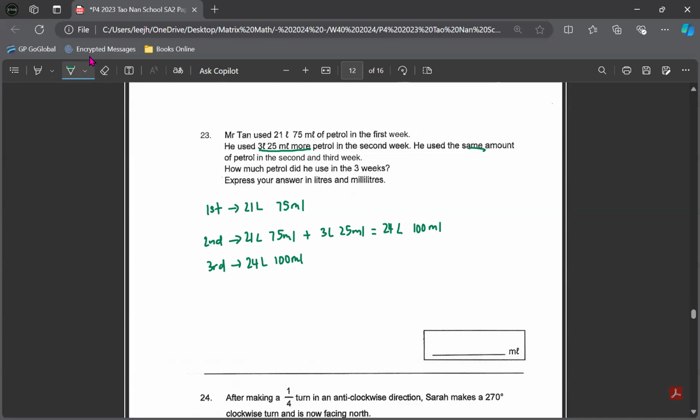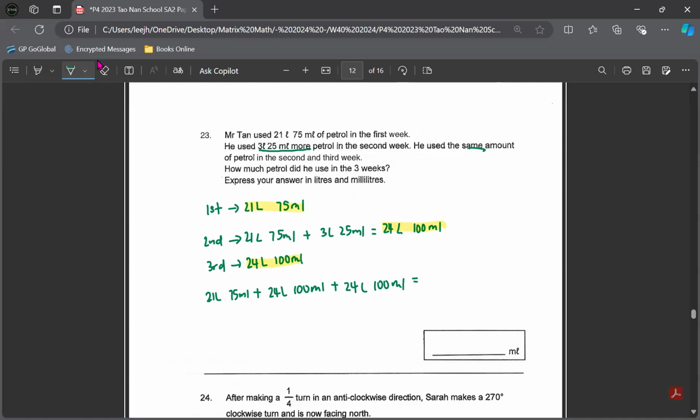How to find the total? Look at your values carefully. We are going to use the first week plus the second and third week. Okay, don't add the wrong value. So it will be 21 liter 75 ml plus 24 liter 100 ml plus another 24 liter 100 ml.